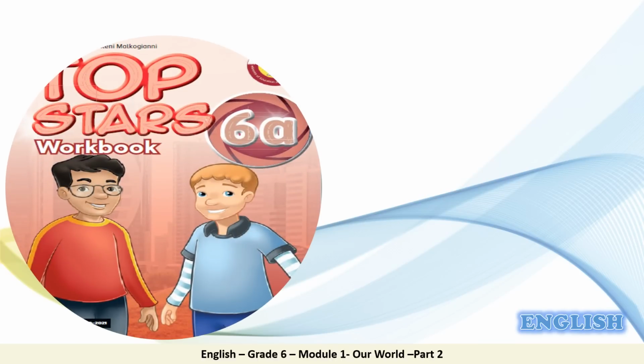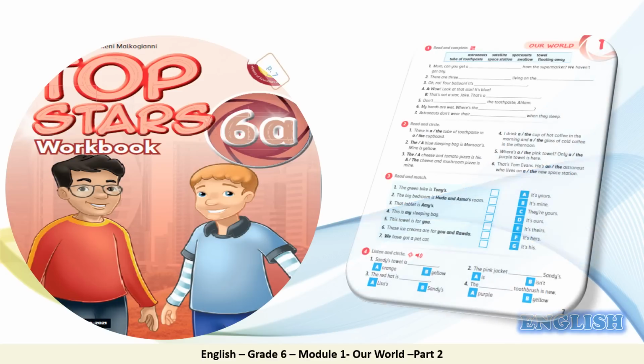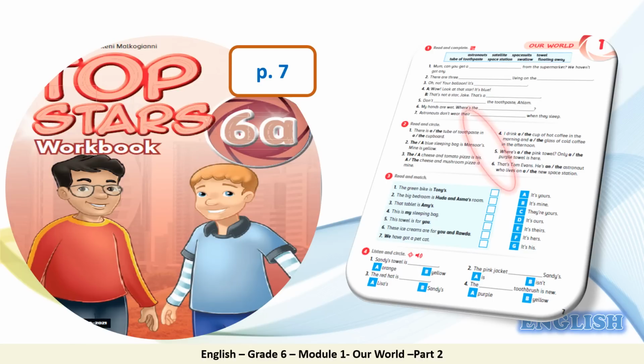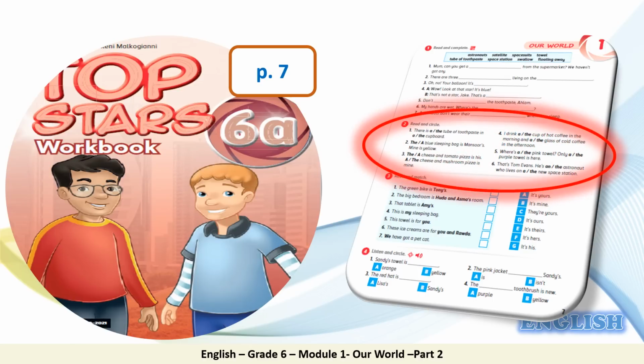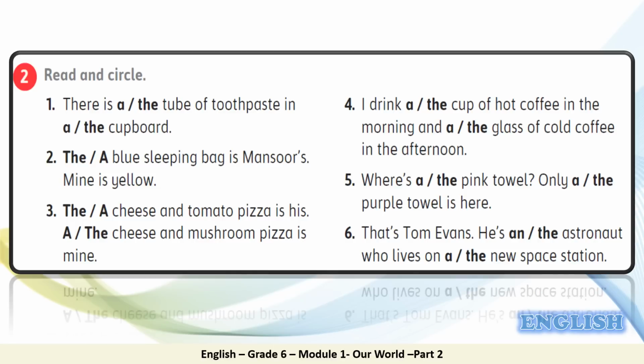Now it's time to go to the workbook to check our understanding. So go to your workbook, page 7, especially this exercise, exercise 2. Read and circle. Let's do number 1 together.